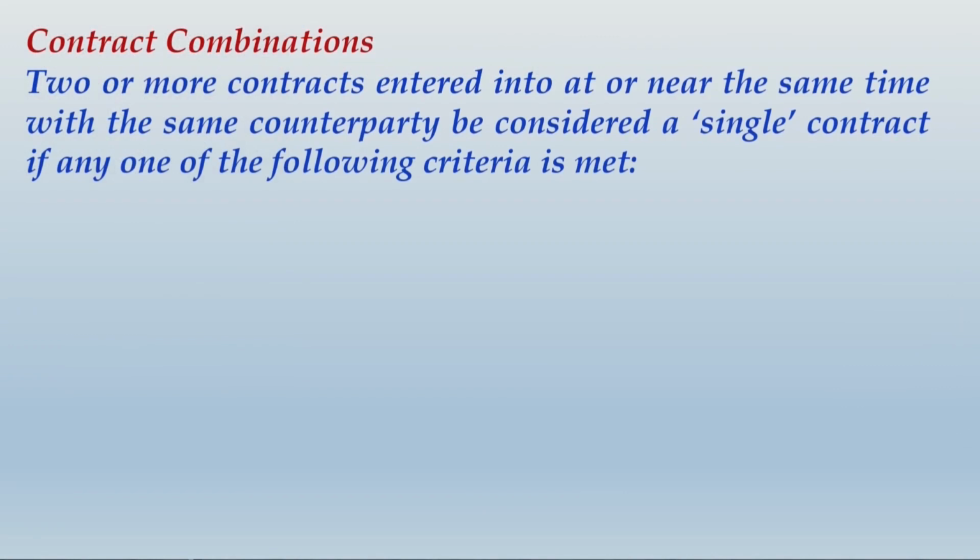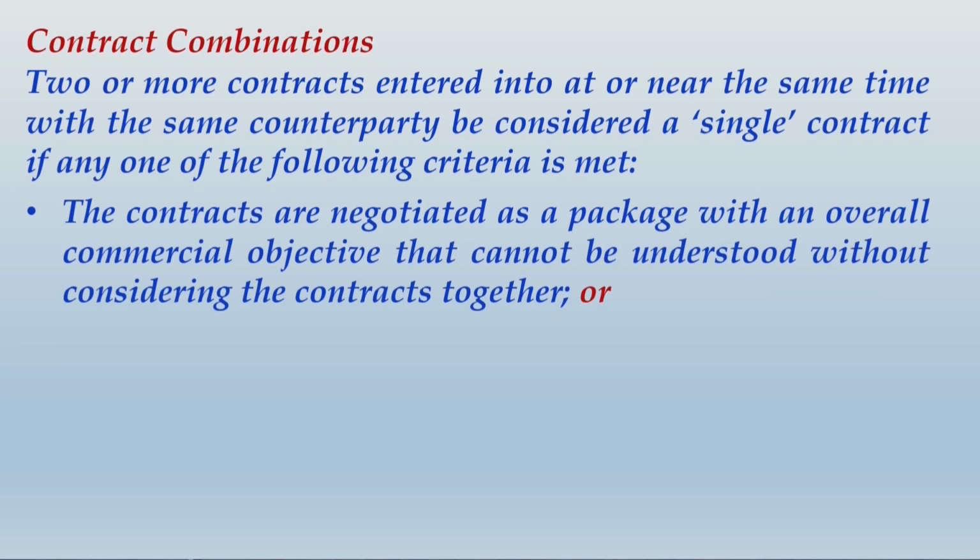Two or more contracts entered into at or near the same time with the same counterparty be considered a single contract if any one of the following criteria is met. So out of the three conditions, as I have mentioned, you just need to fulfill any one of these. First criteria: the contracts are negotiated as a package with an overall commercial objective that cannot be understood without considering the contracts together.